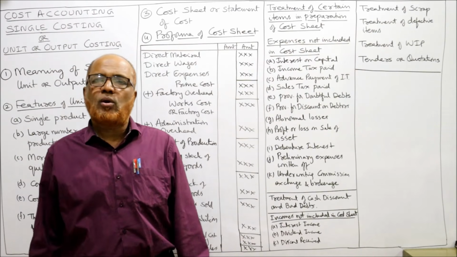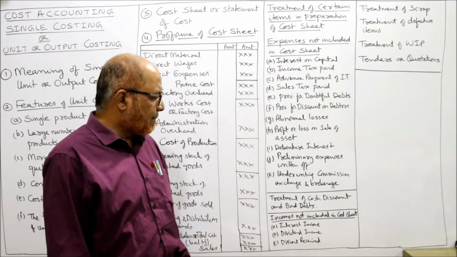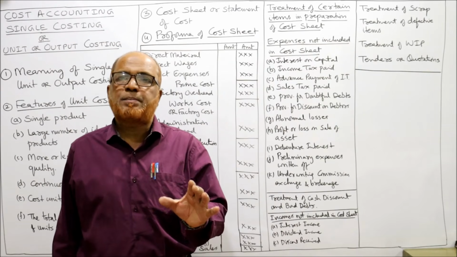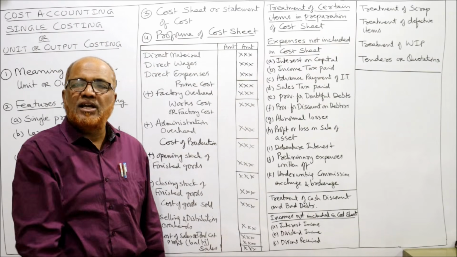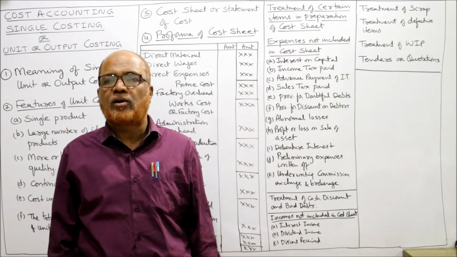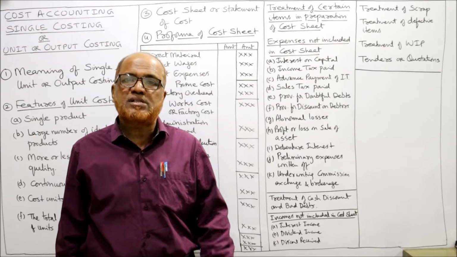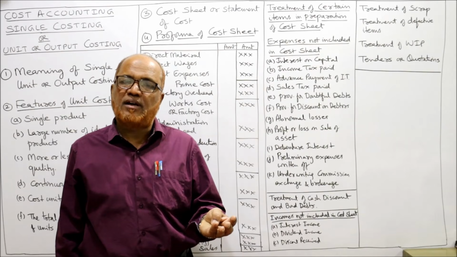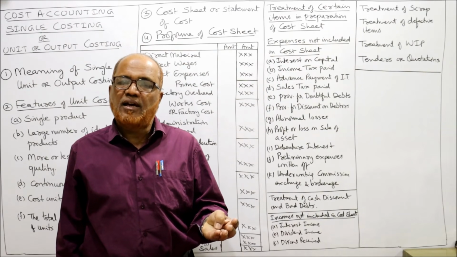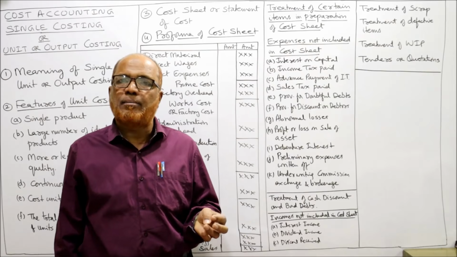Incomes not included in cost sheet. See, there are some expenditure which are not included. These are all the expenses which are not included in cost sheet. Similarly, some incomes are there. They're like dividend received, rent received, discount received, any other miscellaneous income received.